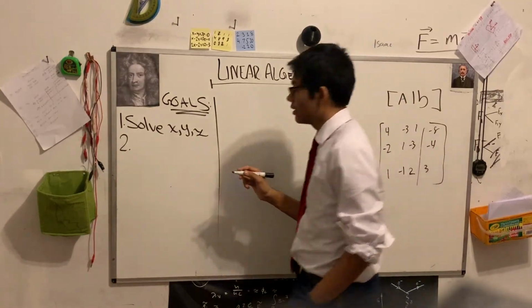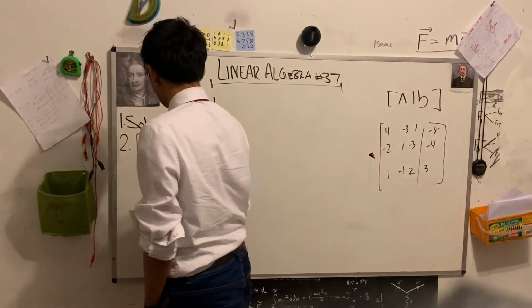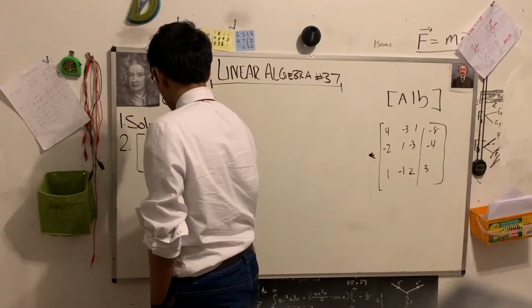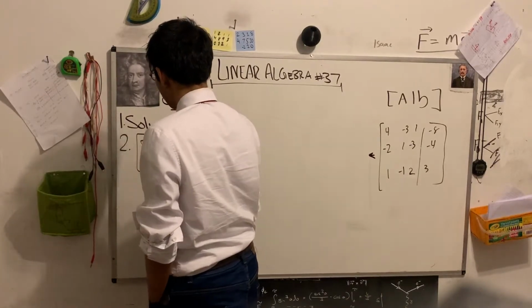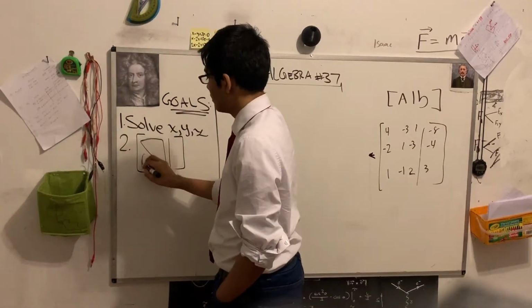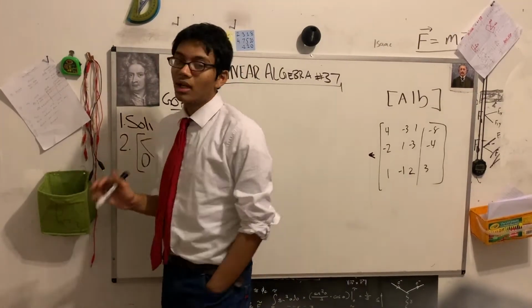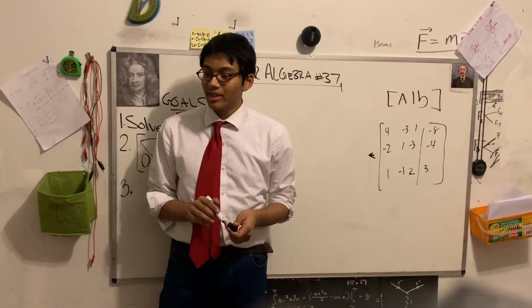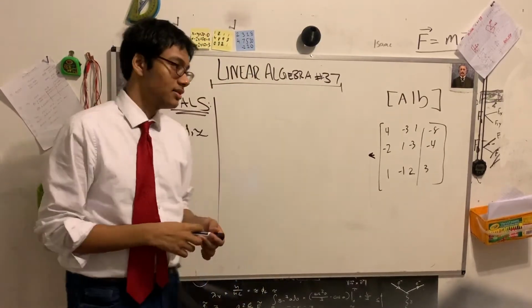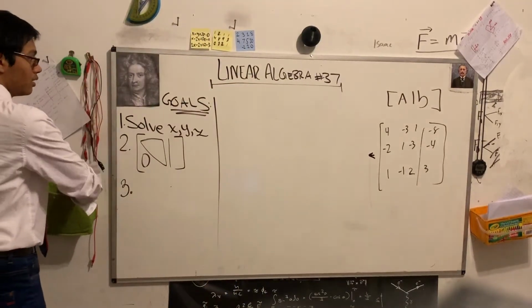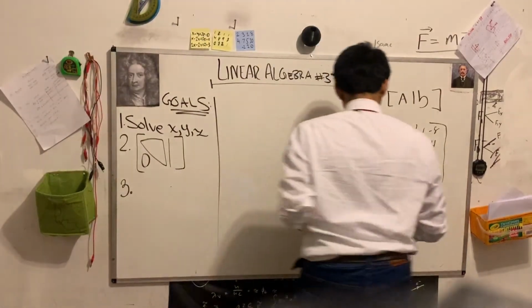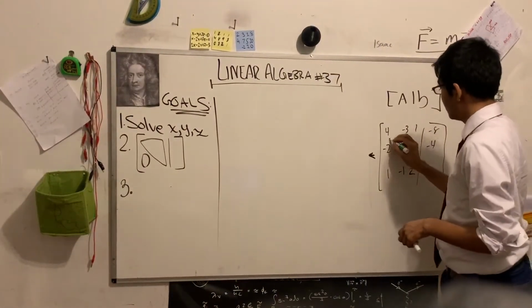Upper triangular form, yes. That's always what I want to achieve when I'm looking to eliminate the matrix. And now I want you to tell me what are the terms in this specific matrix that I have to eliminate. F21, F31, F32. Yeah, F21, F31, F32.